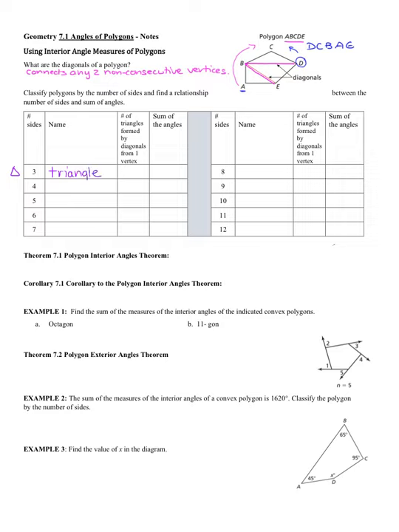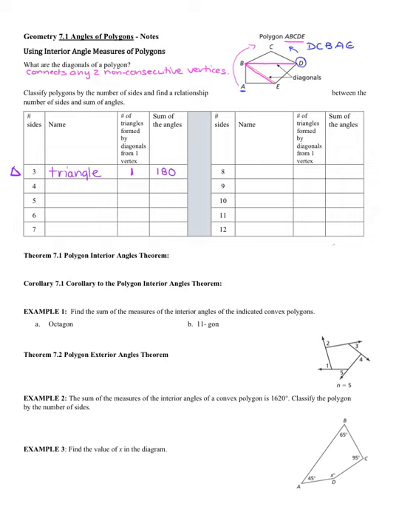And we know in a triangle you can't have a diagonal. There's no way to draw it. So there is not going to be any diagonal created. But we do know the number of triangles formed by diagonals, you're only going to have one triangle created in a triangle. And so we know the sum of the angles is 180.